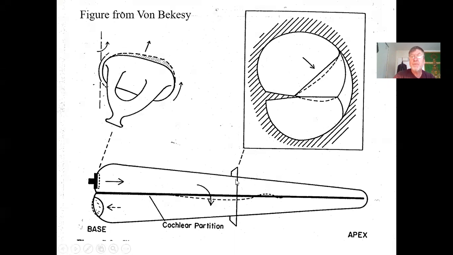This square being this square here, turned sideways. You can see the scala media now, which is drawn simply in black here on this line. This black here would be this triangular area. You can see Reissner's membrane bending, basilar membrane bending, and that causes the shearing action of the hair cells.